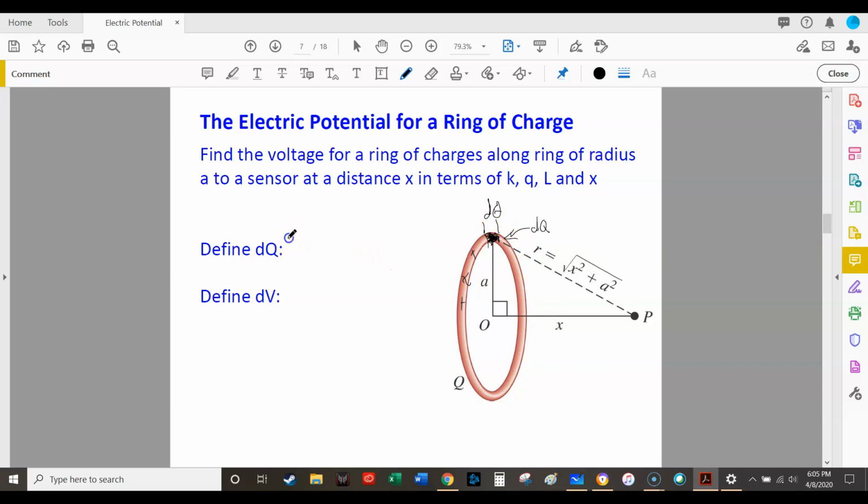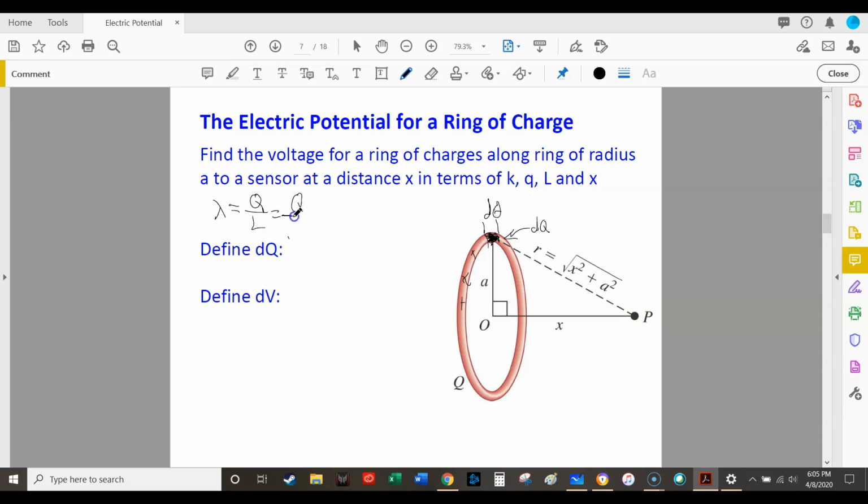And so this is a line of charge. To do this, we're going to have to identify a line of charge. Again, this line of charge has a buildup of q's along the entire length. I haven't listed how many q's are on here, but we'll just call it a bunch of q's, and we'll call that q.